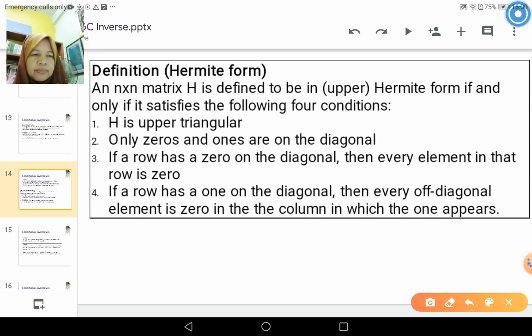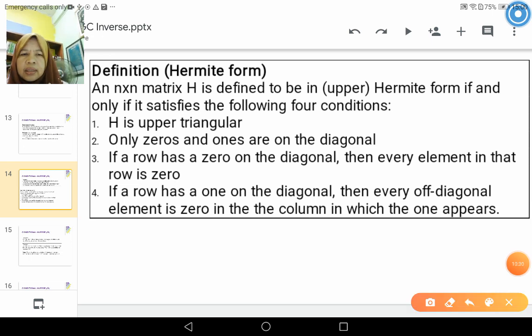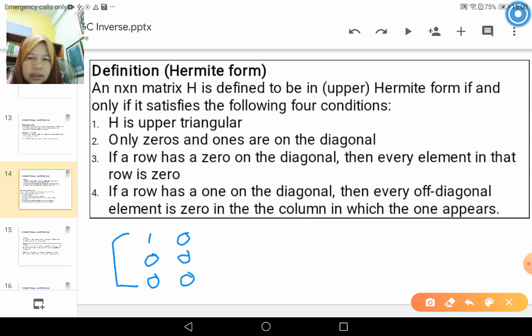Sorry, we have to do it one more time. The matrix is 1 0 0, 0 0 0, 0 0 1.